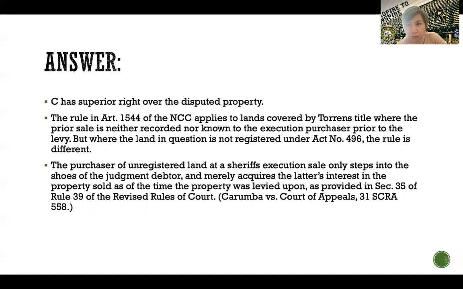So none of the Marons redeemed the property. So the creditor was able to consolidate title and a TCT was issued in its name. So si Manila Supply, iya dayong gibaligya to Dagupan Trading Company.